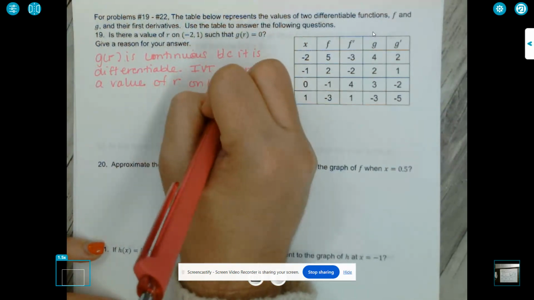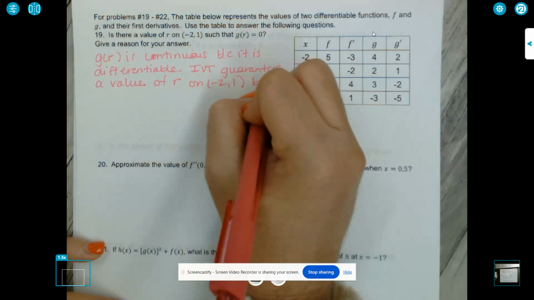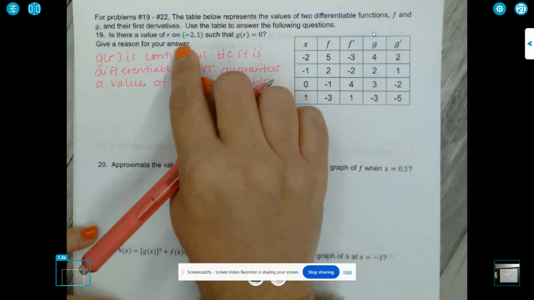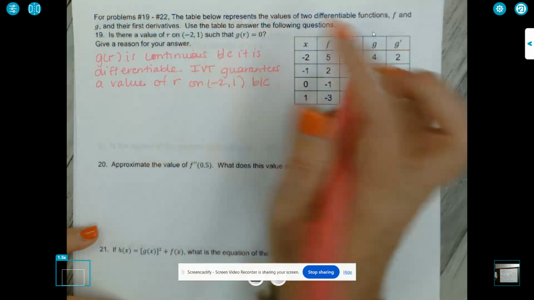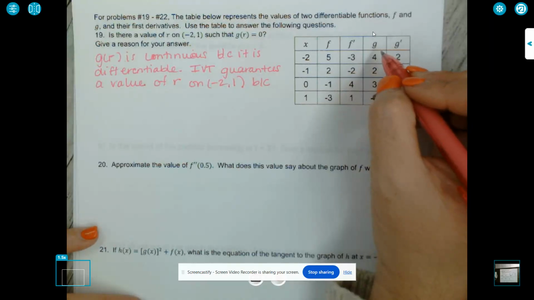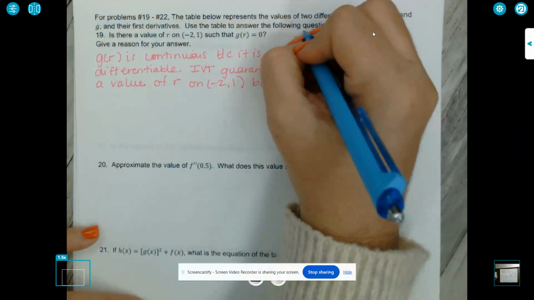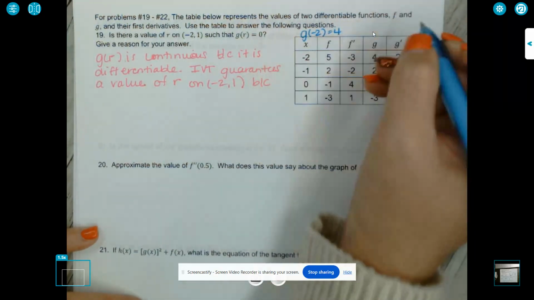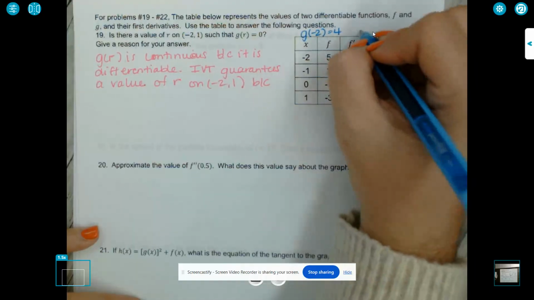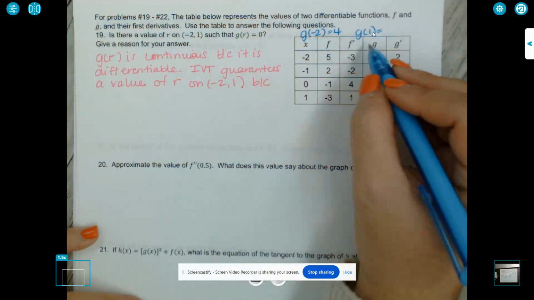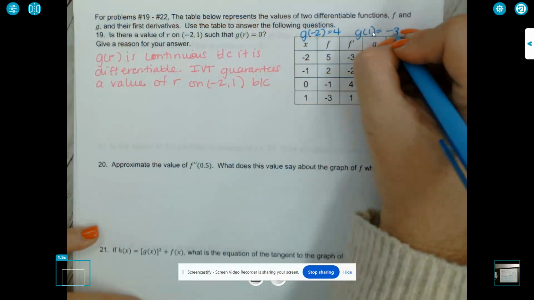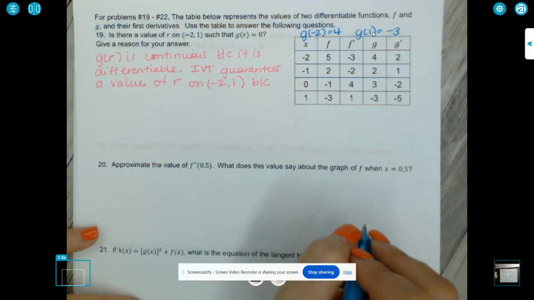on -2 to 1 because, all right, so let's look at our values here. -2, 1. So g of -2 is 4, okay? I'm going to just write that up here. So g of -2 is 4. And then g of 1 is -3. Okay?